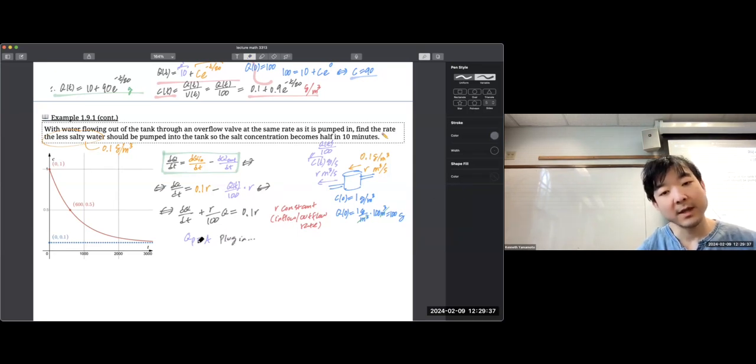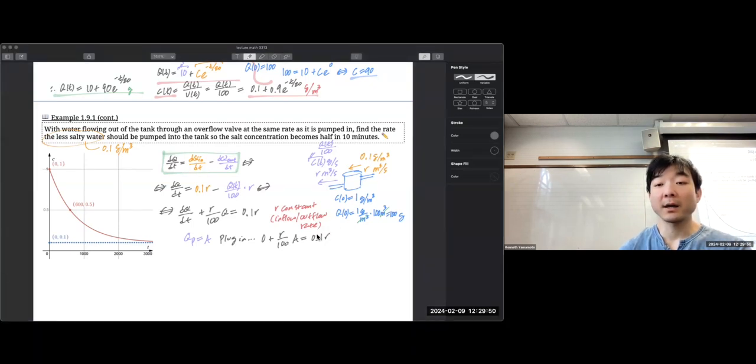You take the derivative of A, which is 0, plus R over 100 times A is equal to 0.1 R. You multiply by 100, which makes the 0.1 become a 10, and you're dividing by R, so you get A is equal to 10. It's the same thing we had before.